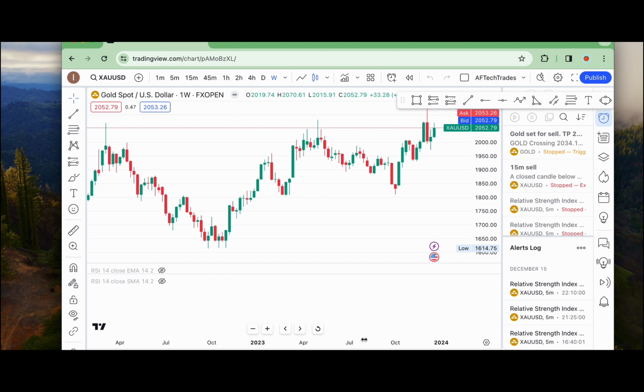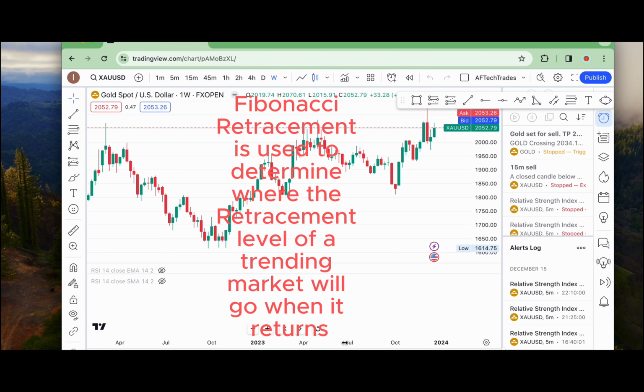Before we proceed, let me make a quick recap of what we learned last week on Fibonacci retracement. Fibonacci retracement is usually used to determine where the retracement level of a trending market would go when it returns.